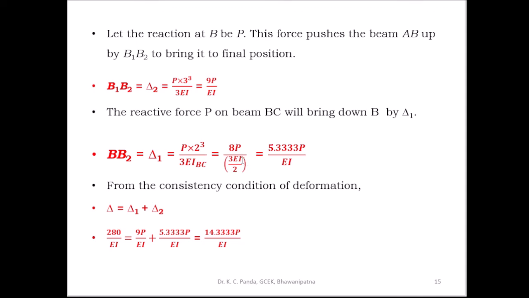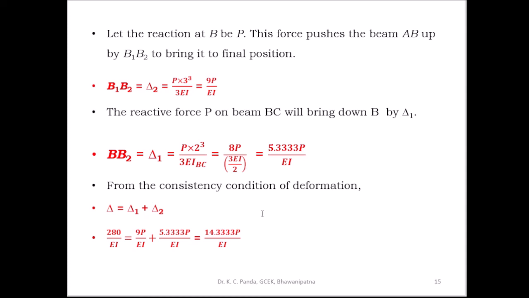Then after putting, delta 1 is equal to 8P by 3EI by 2, which is equal to 5.3333 P by EI. So this is the downward deflection due to the reactive force P acting on beam BC, and the deflection is delta 1.